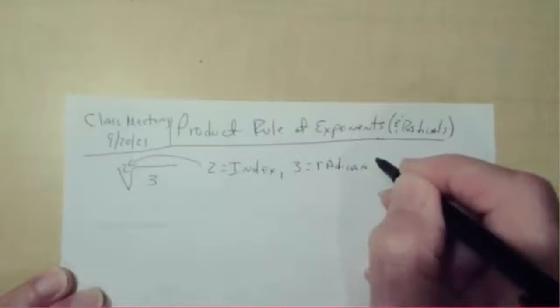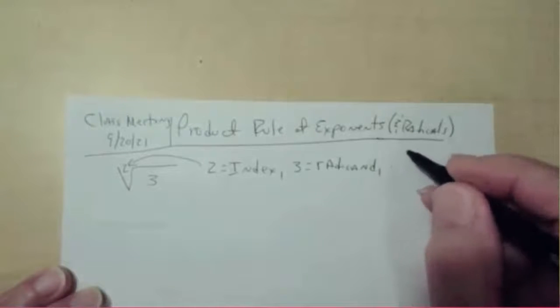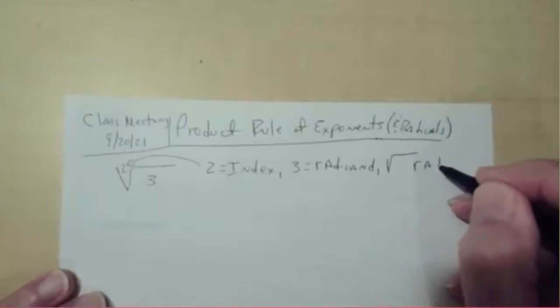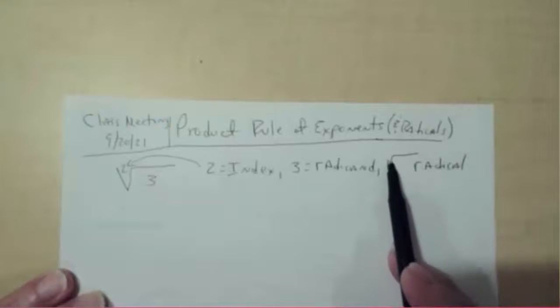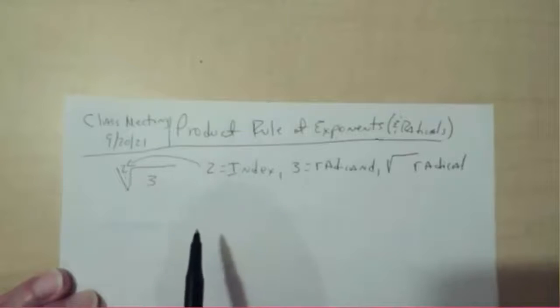You're not going to see that a whole lot, but you will see it some. And this thing is called the radical. If there's not a number up here, it's assumed to be a 2. In other words, the square root of.